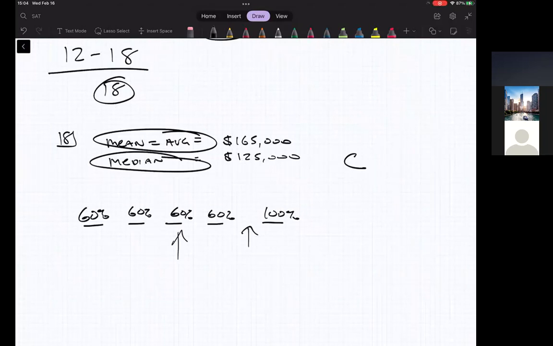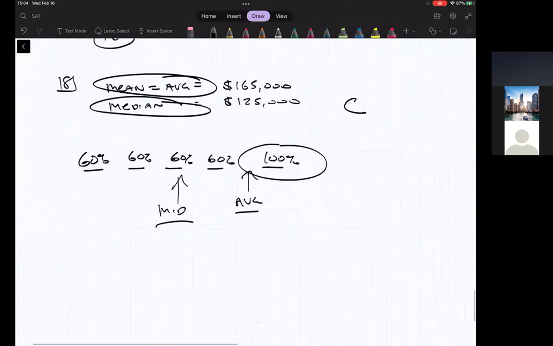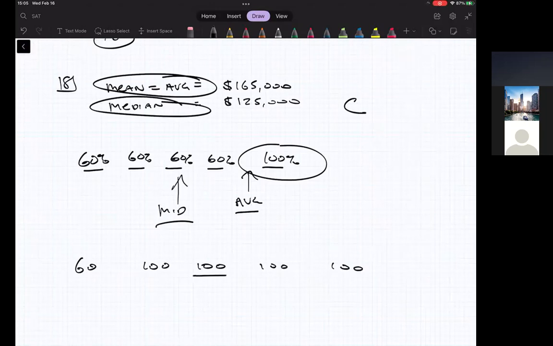So that's what it tells me. Oh, okay, if the middle is lower than the average, then that means I have one outlier on the high end. Versus if it was all the opposite, if it was 60 and then 100, 100, 100, 100, the middle would be 100, but the mean is going to be lower, which means there's one house that's much less than the rest.